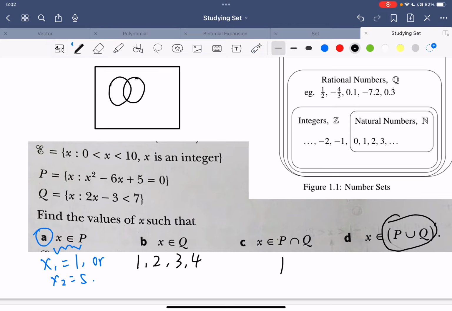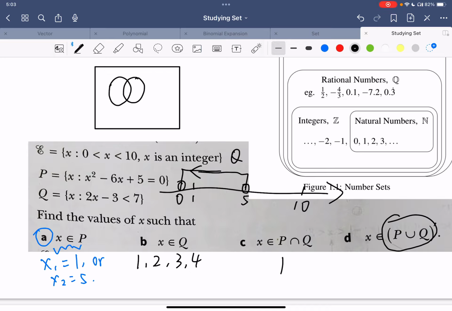So we draw a number line, 0 to 10. And Q, as for Q, smaller than 5, so this is for Q, excluding 0, right? And for P is 1 and 5.